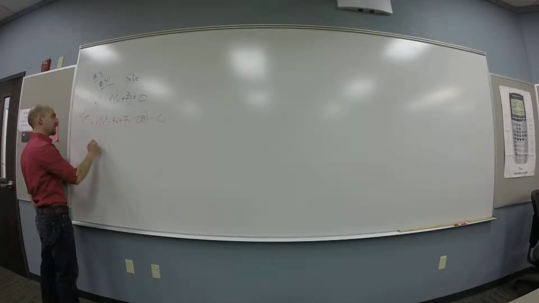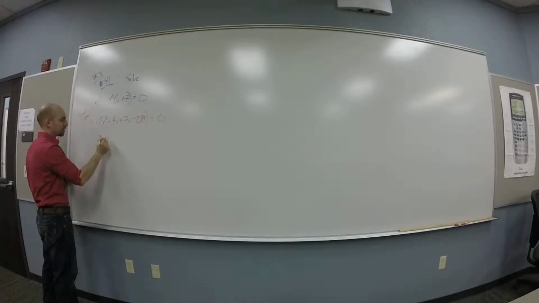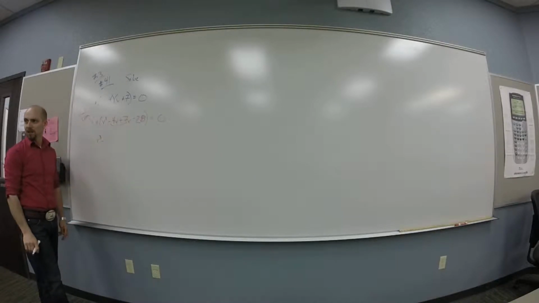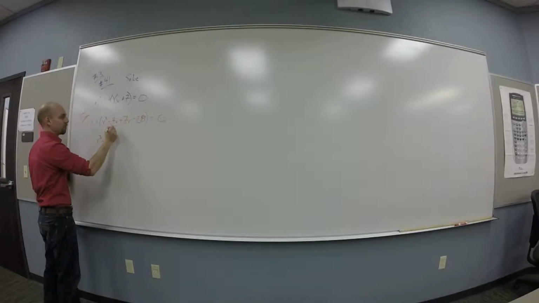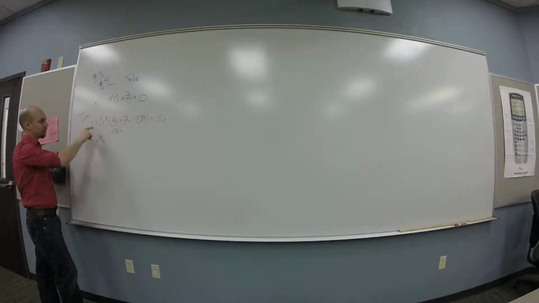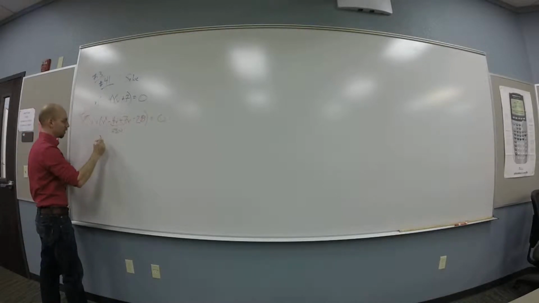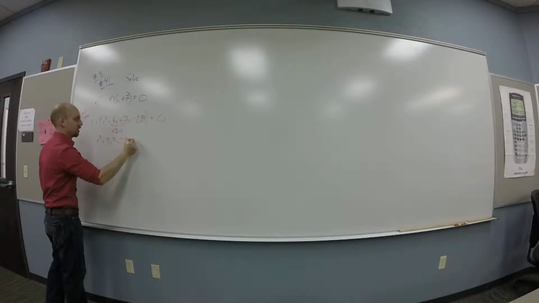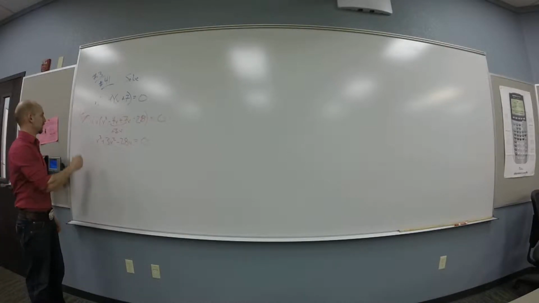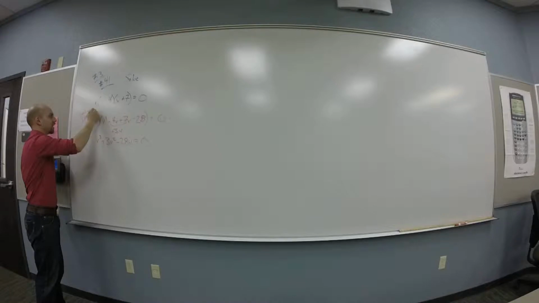Distribute. So you get b cubed, wait, how many b's is that? 3 b's. Okay, so when I distribute, I've got b cubed plus 3b squared minus 28b equals 0. Right? Really, that was just a FOIL. This is a distribute.